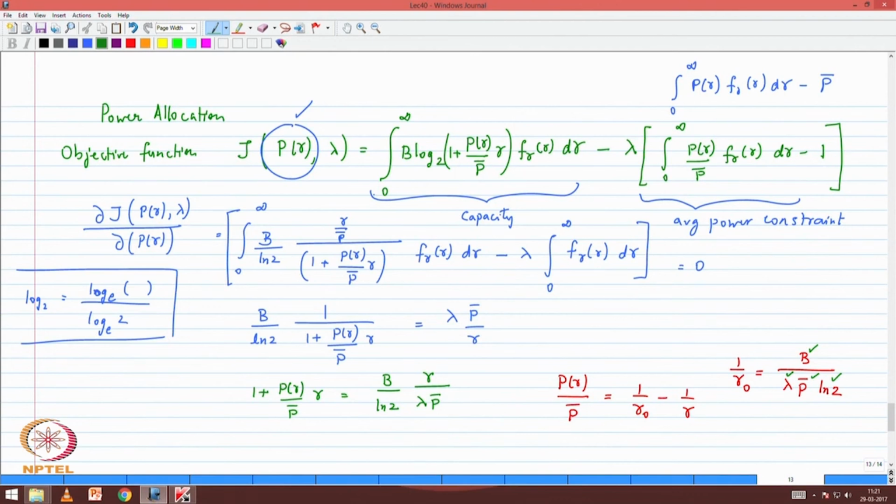I just want to make sure that we are comfortable with this expression. So what have we done? We wrote down the capacity with the constraint, differentiated with respect to the function, treating that as a single variable, and showed that the optimum solution should satisfy this condition: P of gamma by P bar is 1 by gamma naught minus 1 by gamma.